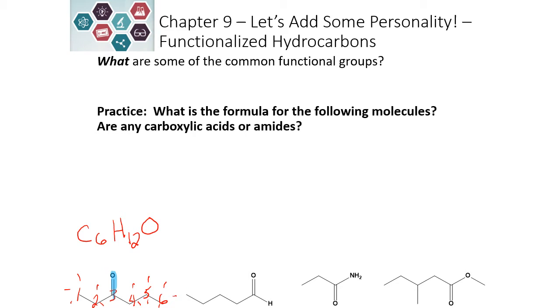So we have 1, 2, 3, 4, 5 carbons. This bond is actually just attached to a hydrogen, because we have to draw it to show the attachment of the hydrogen. Now if we count the hydrogens, we have 1, 2, 3, 4, 5, 6, 7, 8, 9.